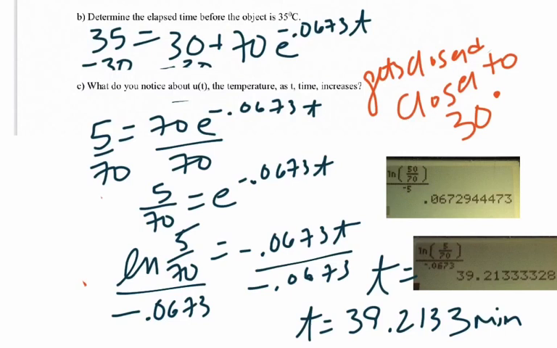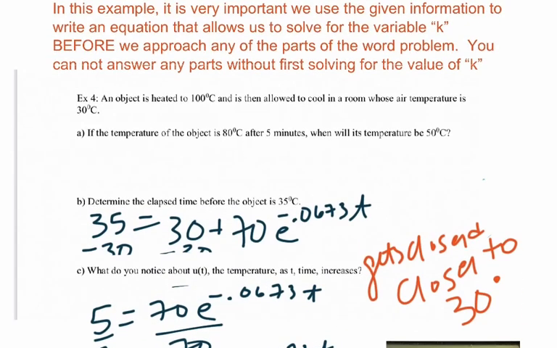So keep in mind that if we were to make, like I said earlier, chocolate chip cookies, and we took them out of the oven, and they were really hot when they came out of the oven, ultimately, if you let them cool on the counter, an hour later, they are literally going to be the temperature of the room. They are no longer going to be the temperature of the oven. And that's exactly what's happening here.